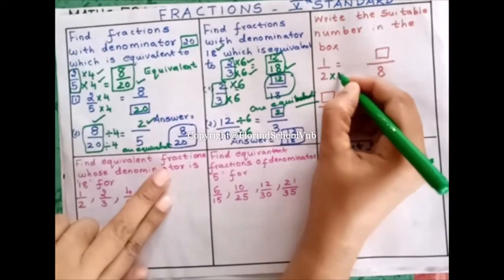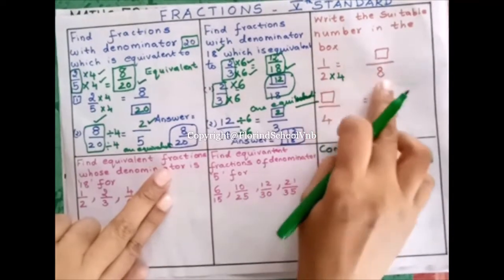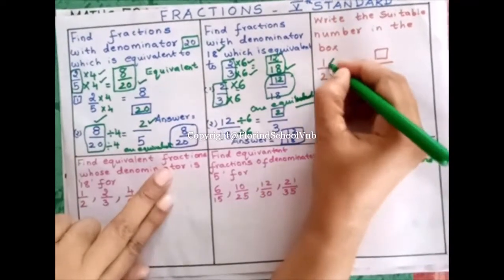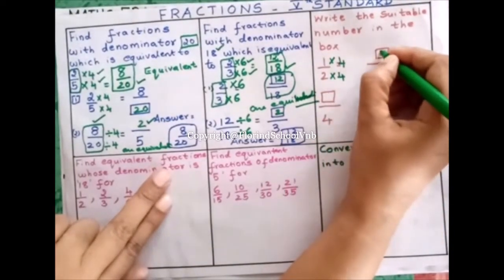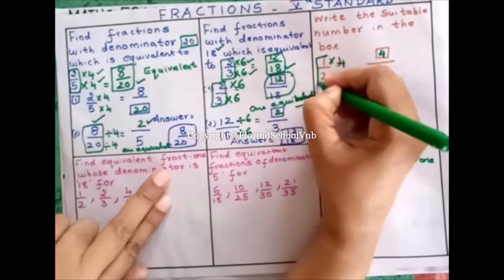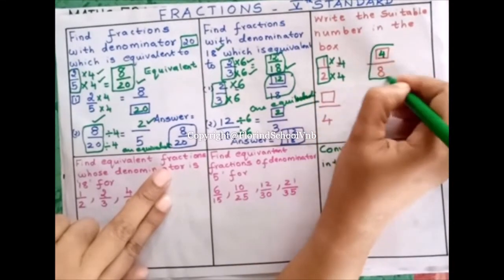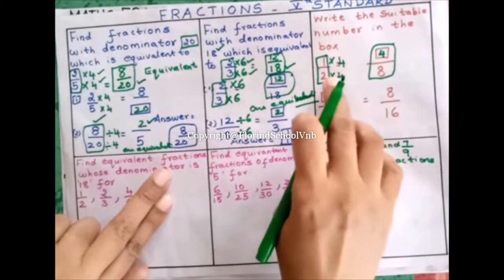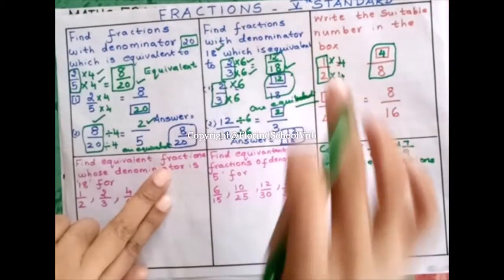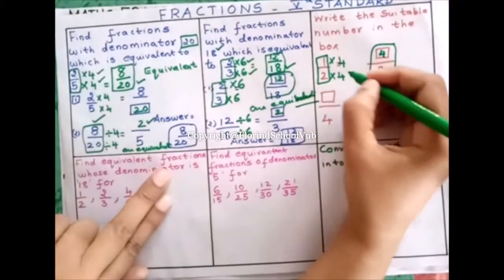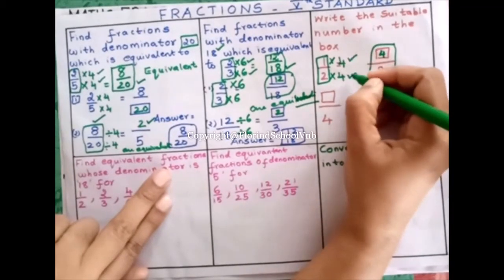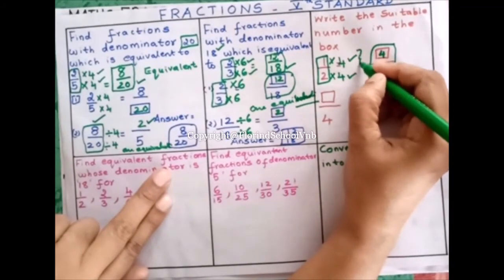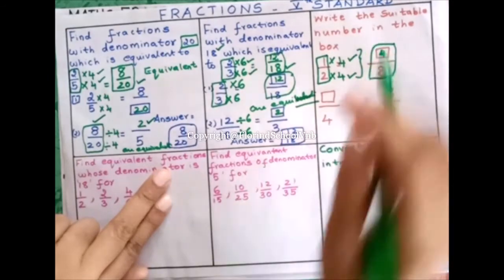So multiply 2 fours are 8. In the same way, multiply the numerator also by 4. So your equivalent fraction 4 by 8 is the equivalent fraction of 1 by 2. 1 by 2 is multiplied in the numerator and the denominator by 4.